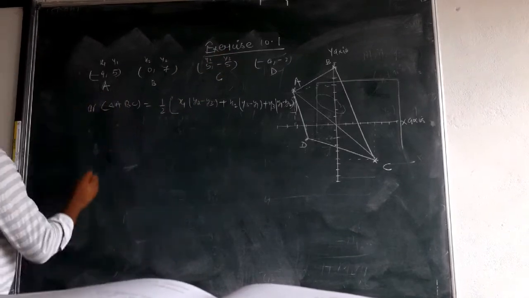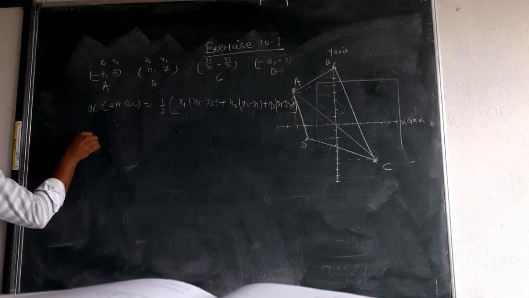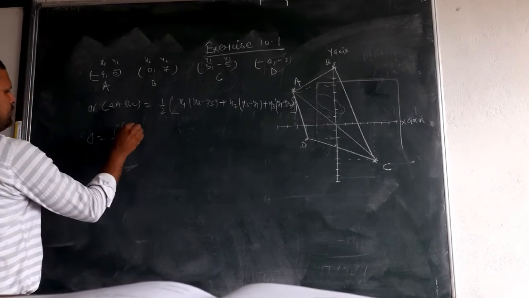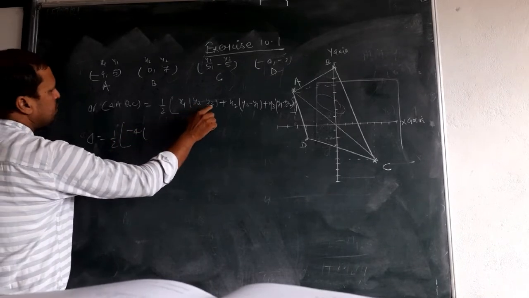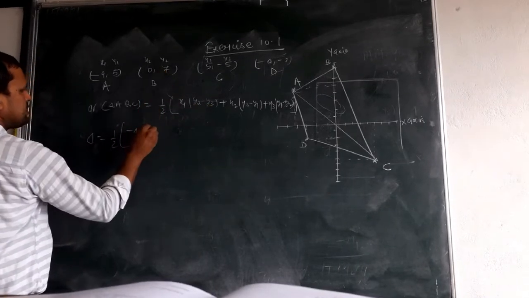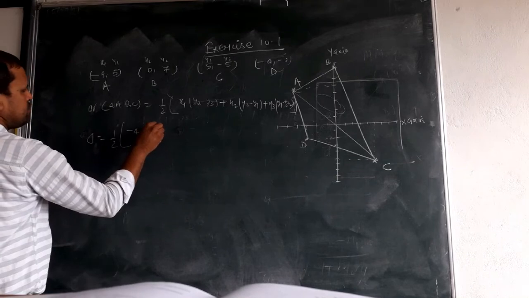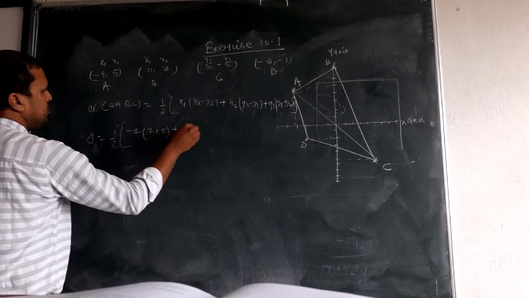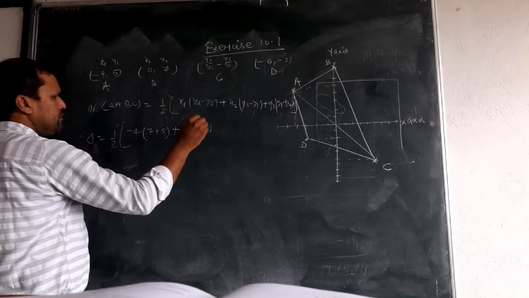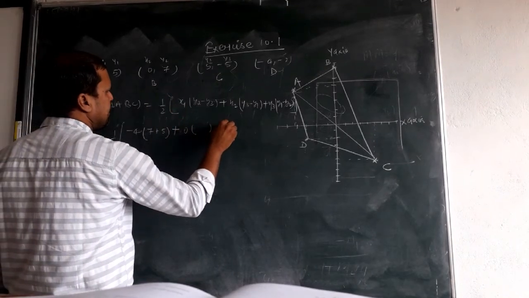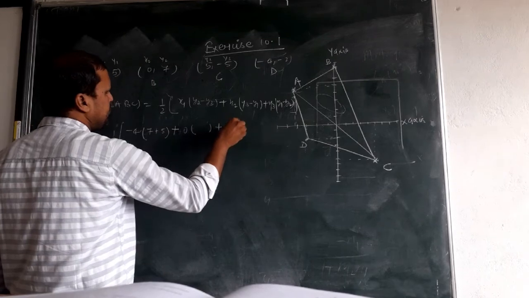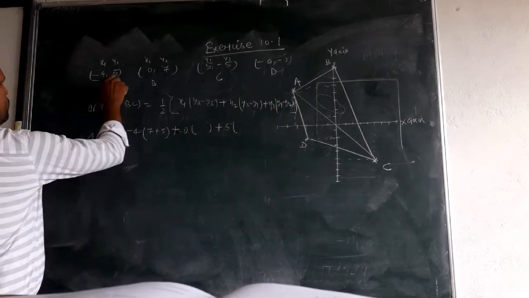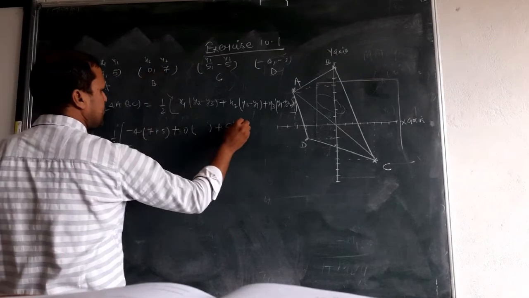So now put the values. 1 by 2, x1 is -4, (y2 minus y3), y2 is 7 minus 5, plus x2, which is 0, into something, leave it, plus x3 equal to 5 in bracket (y1 minus y2), 5 minus 7.